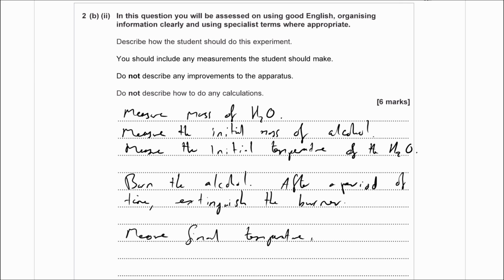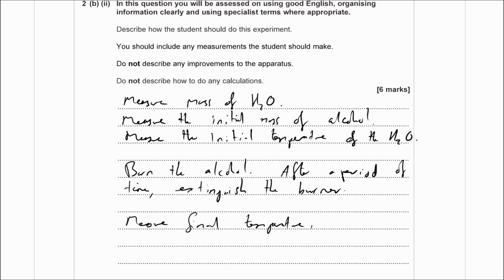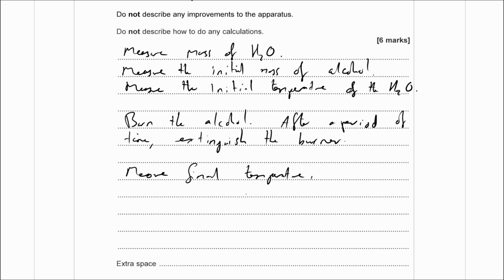All right, and from that, obviously, we would work out the temperature difference, but it clearly says we don't need to describe the calculations. So we measure the final temperature. We're going to measure the final mass of alcohol. All right, and then that will allow us to work out the change in mass of our alcohol.